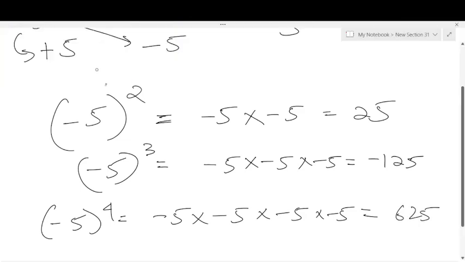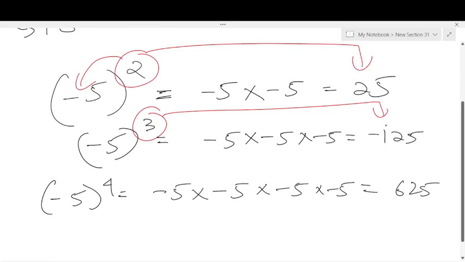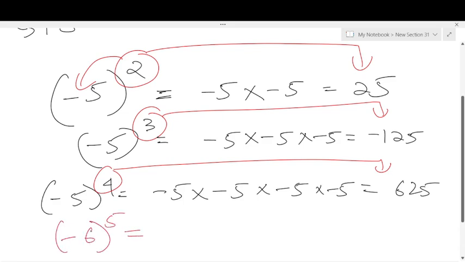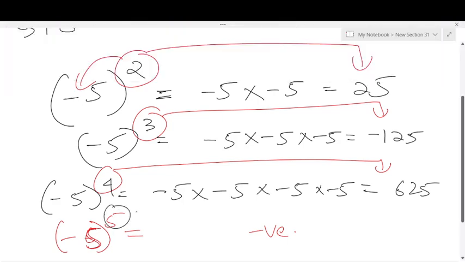Now what did you observe from this, students? When the power is 2, what's the answer we got, positive or negative? When the power is 3, when the power is 4, when the power is 5, your answer will be negative. So from this, what did you understand? When the power is even, 2 is even or odd? 2 is even.